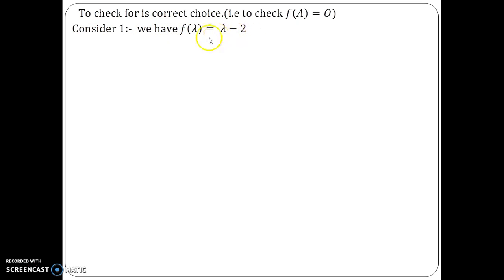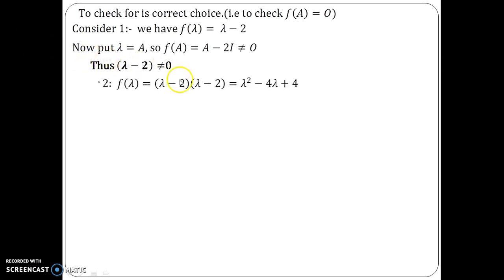You have to put lambda equal to A. When you put it, you get f of A is equal to A minus 2I, and it is obviously not going to be 0. So it's not a 0 matrix. So choice number 1 is not the minimal polynomial. Thus lambda minus 2 is not equal to 0 for us, so it's not the minimal equation.